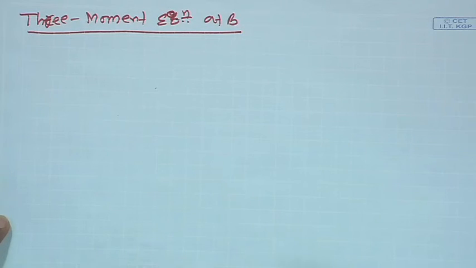Now, what is the expression? Again, if I write the general expression for 3 moment, EI is constant, there is no support settlement.